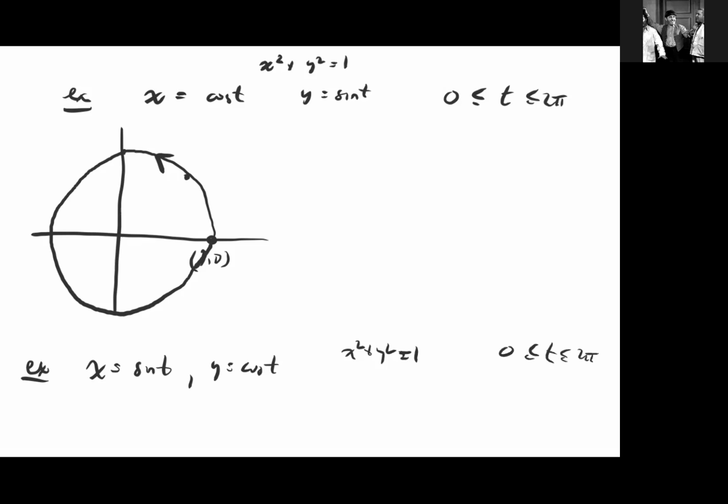In that case, you would get a unit circle again, but when t equals 0, you would be at the point (0, 1). So you're starting off at this point and going around the circle once. This is a different formula for the same curve, a different parametrization. The actual formula is called the parametrization.